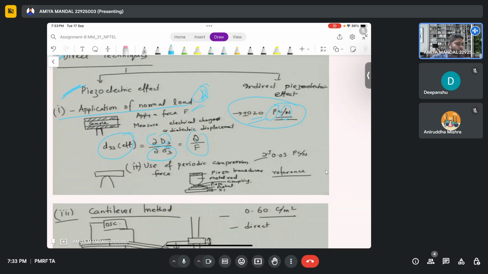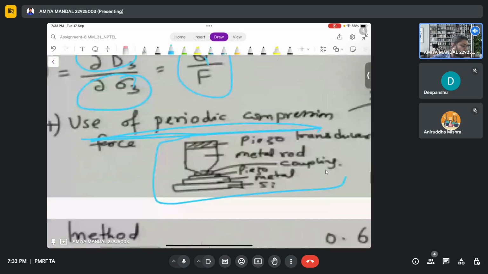Okay, the next direct type of measurement is the use of periodic compression, with a reference value of 0.03 picocoulomb per Newton. You can see this type of measurement technique used with silicon, and we paste metal on it, and that piezo metal is placed at this position, and there is a coupling liquid used.